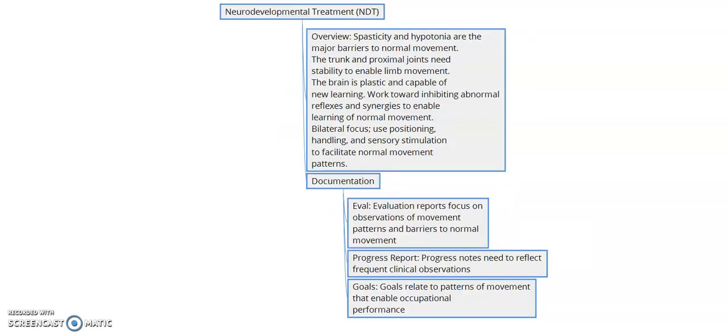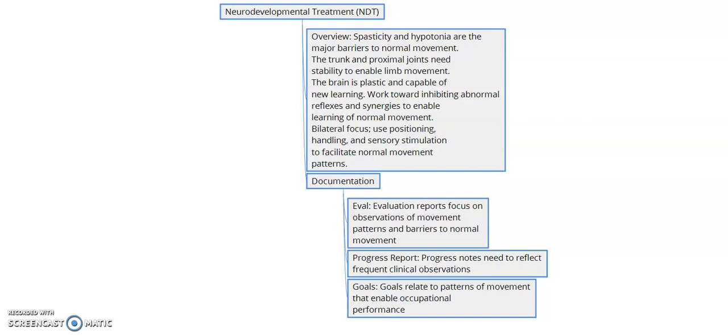Next is neurodevelopmental treatment, which is also known as NDT. NDT basically states that spasticity and hypotonia are the major barriers to normal movement. The trunk and proximal joints need stability in order to enable limb movement. It also believes that the brain is plastic and capable of new learning.